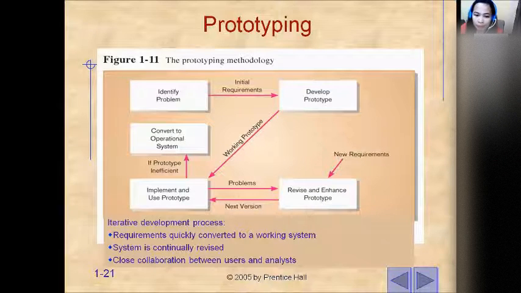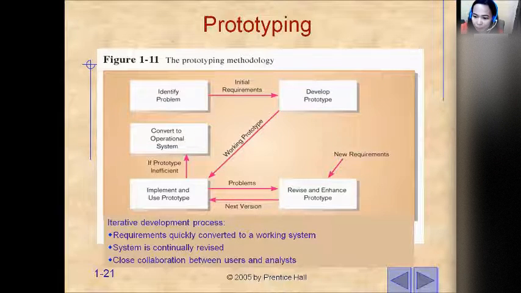So this is an iterative development process. Requirements are quickly converted to a working system. The system is continually revised, with close collaboration between users and analysts.